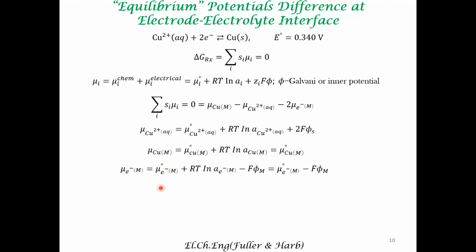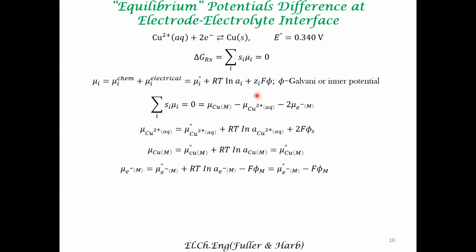And then the electrochemical potential of the electron is written in the following manner. This is the potential that is present in the metal electrode. Remember, when copper got dissolved as Cu2 plus, it resulted in the generation of an electrical potential in the metal.